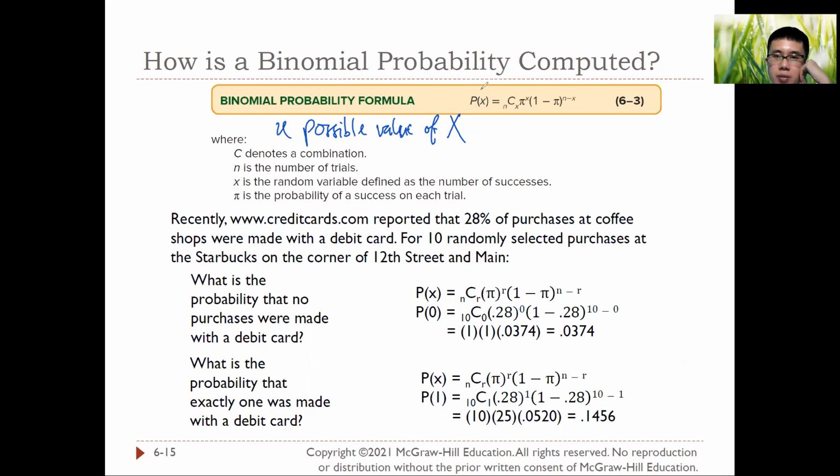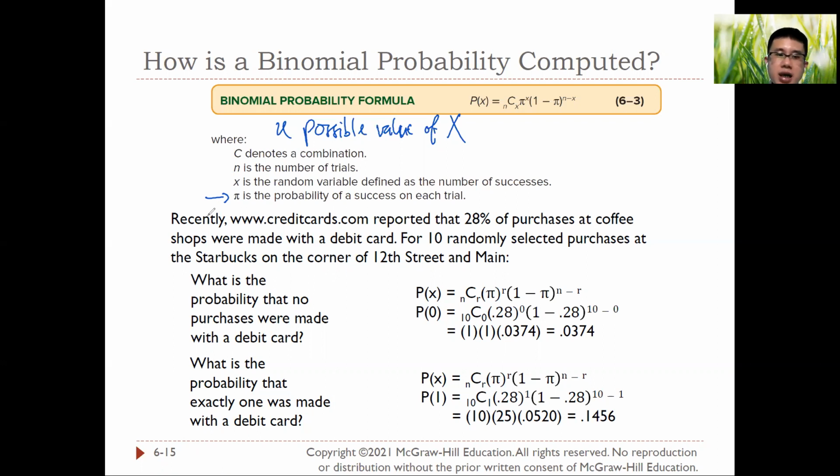We can find the probability of little x is equal to the combination of n choose x times phi, where phi is the probability of success on each trial, and this is only a symbol. Don't be confused with phi as the number 3.14 and so on.